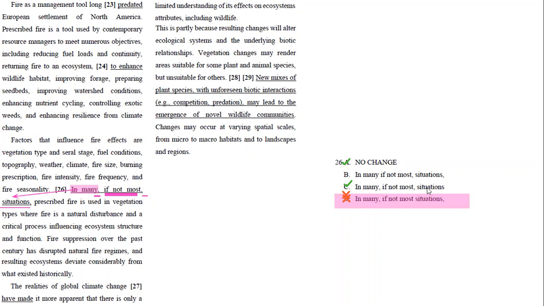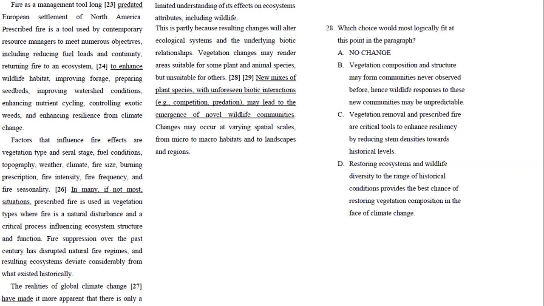For introductory prepositional phrases that are less than 5 words, it's optional to put the comma after the phrase. So depending on how you look at the phrase at the beginning, you can put a comma or you don't have to put a comma right after the word situations. So I believe the answer is either A or C. That's for number 26.